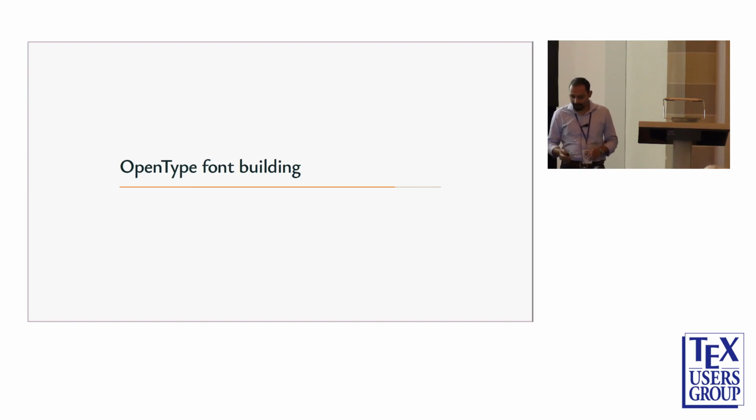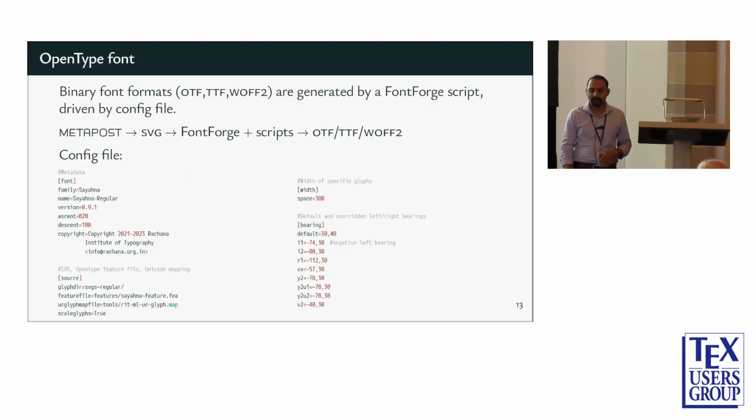So we made use of FontForge to produce the final OpenType fonts, whether OTF, TTF, or the web fonts, WOFF2 format. In the past, we wanted to use the same, but of course it has to be adapted. Fortunately, Khaled Hosni has already developed an OpenType version of Punk font by Tonnuth called Punk Nova, and there was a build script that Khaled has developed.